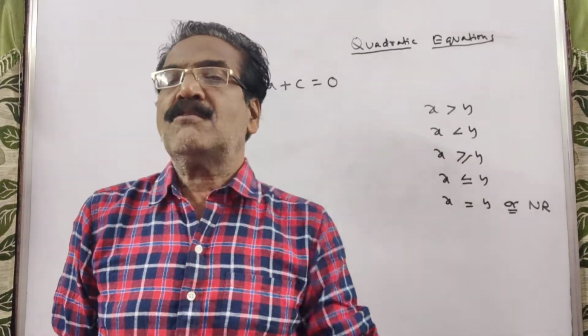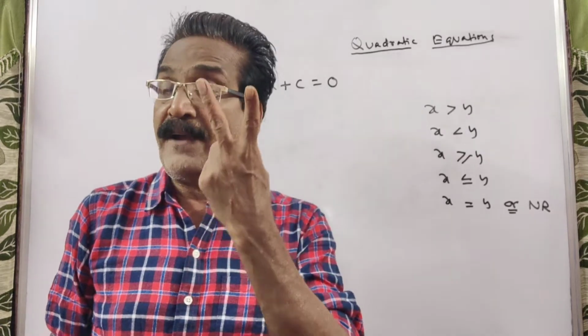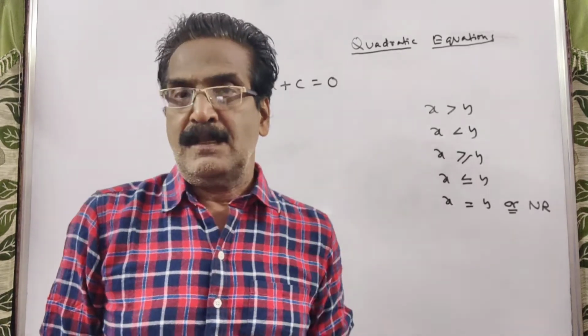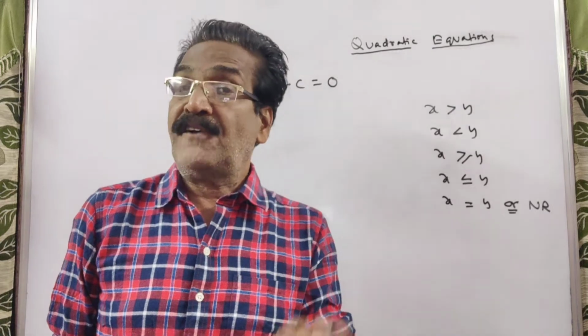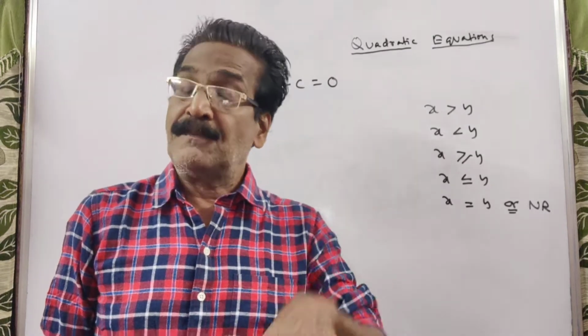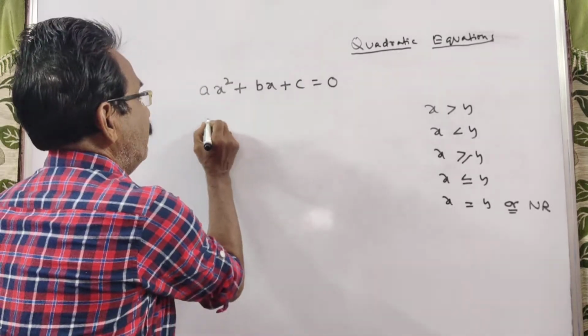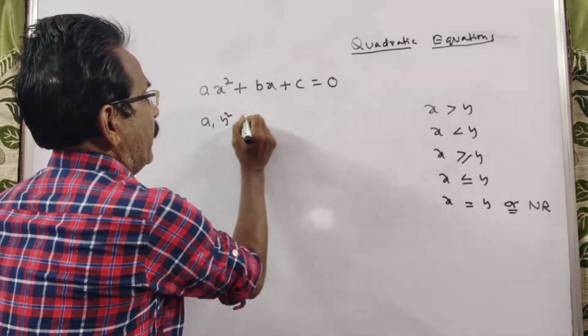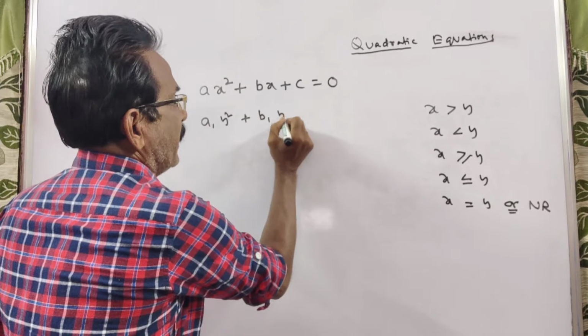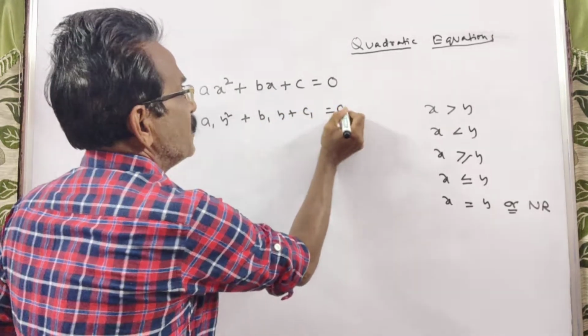In the same way, you can find two values from the quadratic equation given in y, say a1 y square plus b1 y plus c1 is equal to 0.